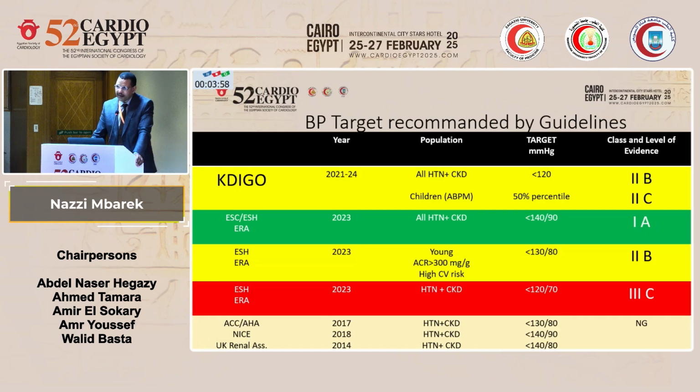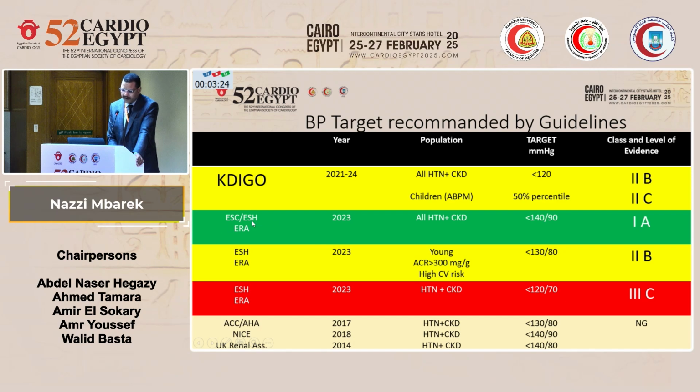So that's why some guidelines were given in order to set a statement for each patient. And you see the KDIGO CKD guideline, which was launched in 2024 but based on data from 2021. For all patients with hypertension and chronic kidney disease, they recommend less than 120 millimeters Hg, but the recommendation is a little bit weak.